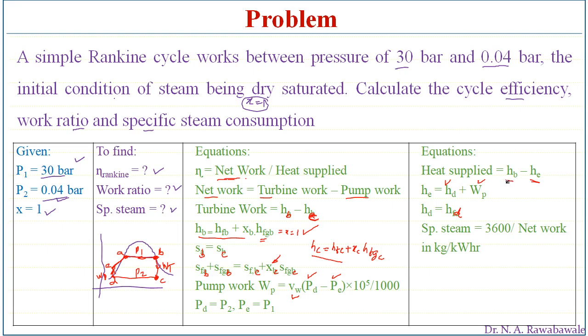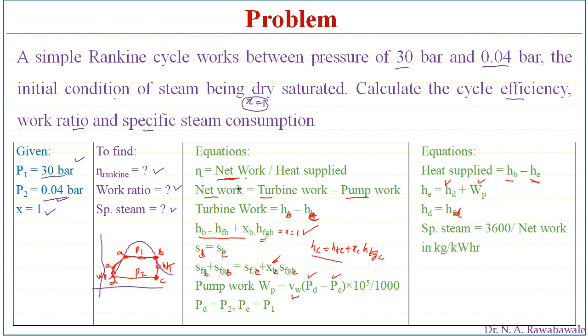HFG at point B is already known, therefore we can find out HB. So we can find out heat supply. Pump work is known, heat supplied is known, then the dryness fraction at point C can be obtained. After getting the dryness fraction at point C, we can obtain enthalpy at point C. Once we know enthalpy at point C and enthalpy at point B, we can find out turbine work, then net work, and then efficiency.